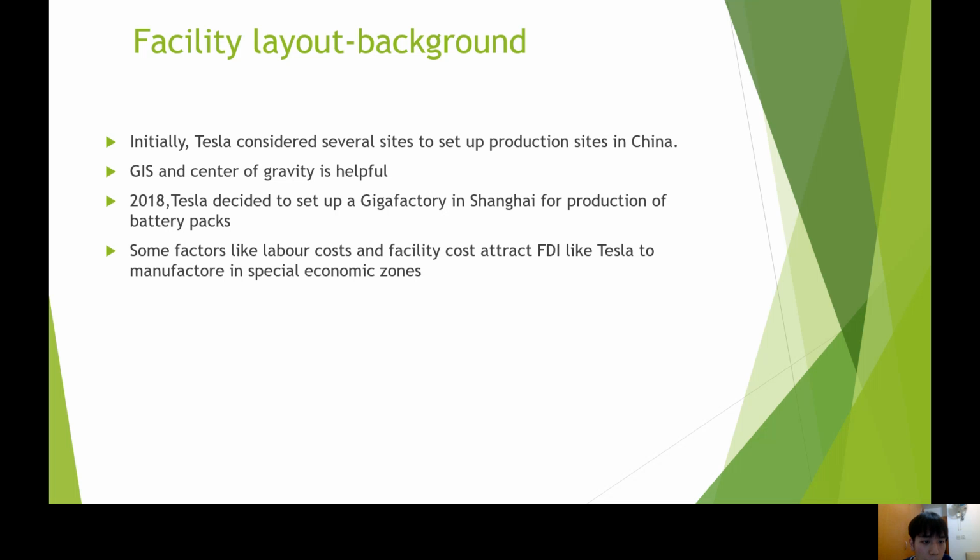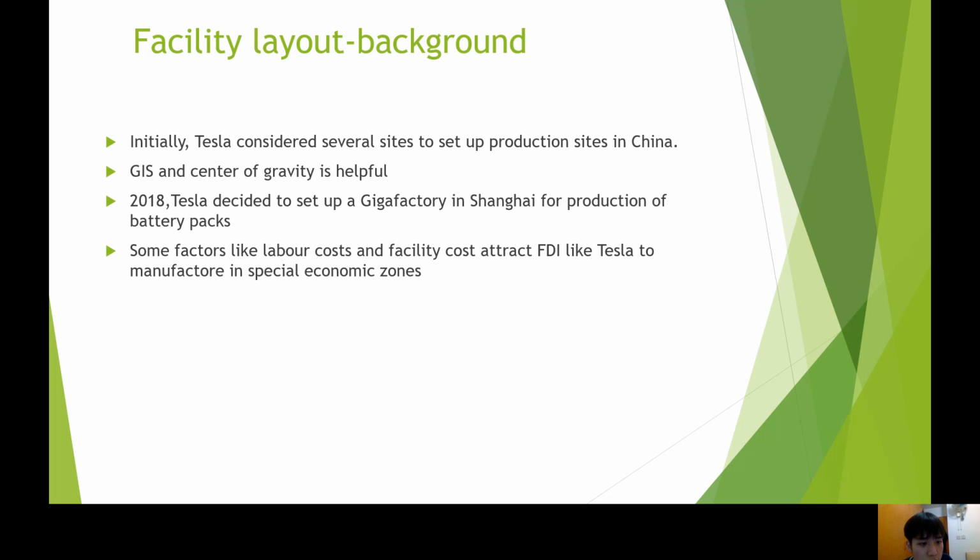Regarding the other major topic and technique, the facility layout. Initially, Tesla considered setting up several production sites in China. If that is the case, I would suggest using Center of Gravity or GIS.